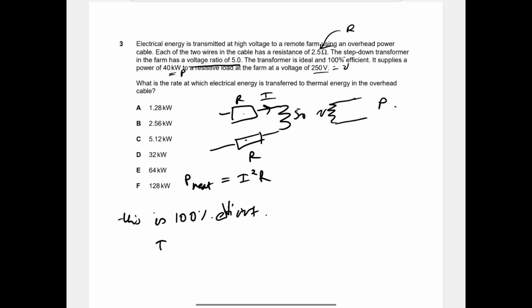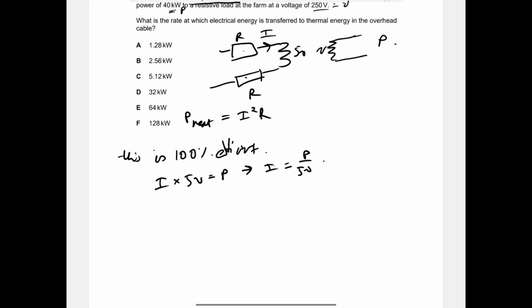So that's going to be I times 5V equals P. So I is P over 5V. Therefore, P heat equals 2 I squared R, because we've got two resistors in series.